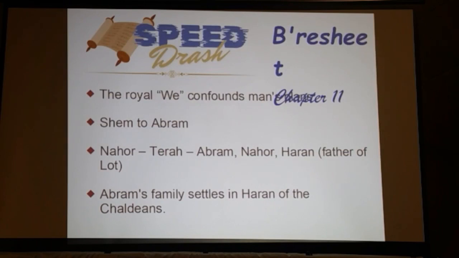All right. So the royal we confounds man's language. What's up with that? I mean, what was the big deal? Because of Babel. They were just building a tower. Do you really think God thought man could come together in one mind and one accord and actually build a tower all the way to heaven?